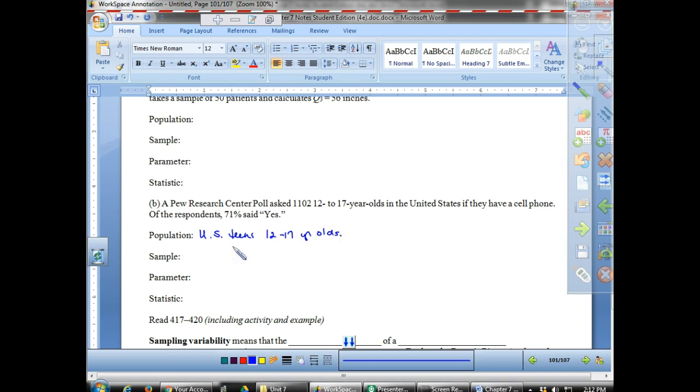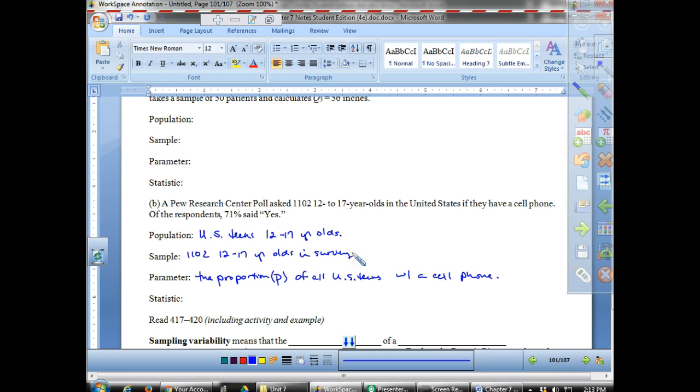The parameter they are interested in finding out is the proportion P of all U.S. teens with a cell phone. You want to be very specific when you name these things. The sample is just the 1,102 12 to 17-year-olds in the survey.